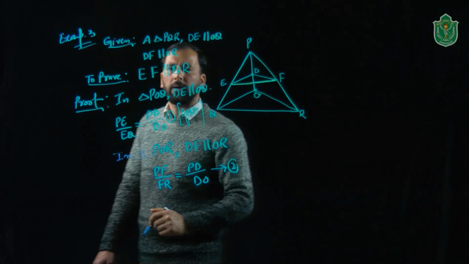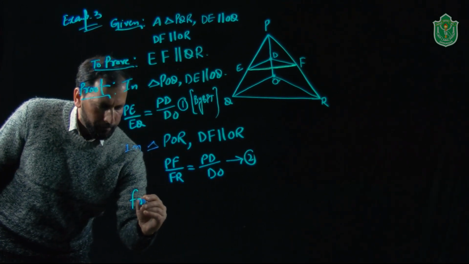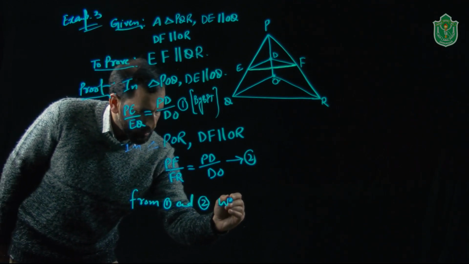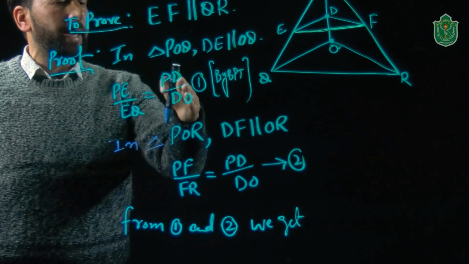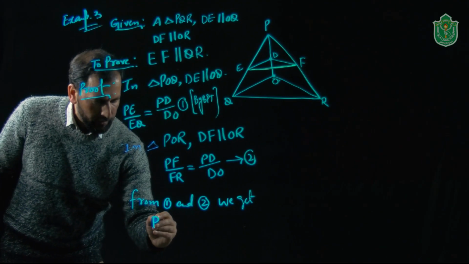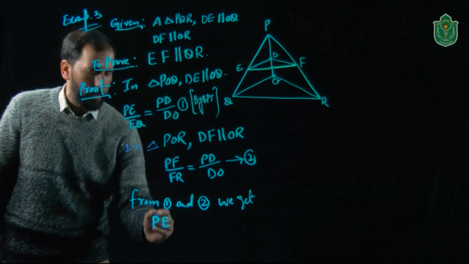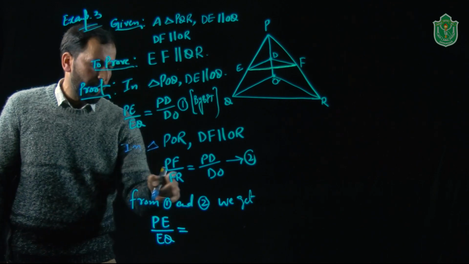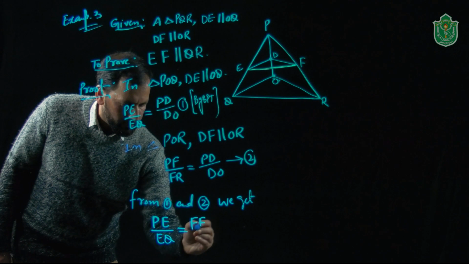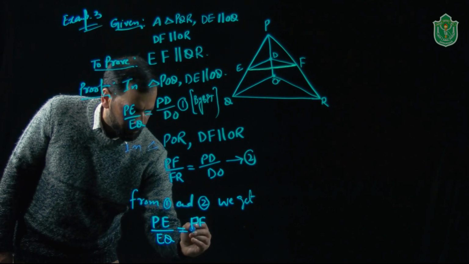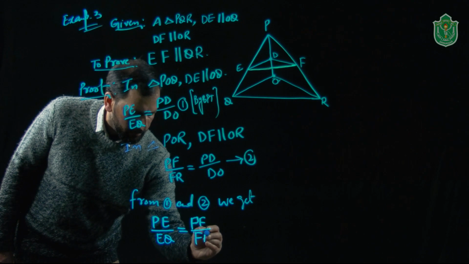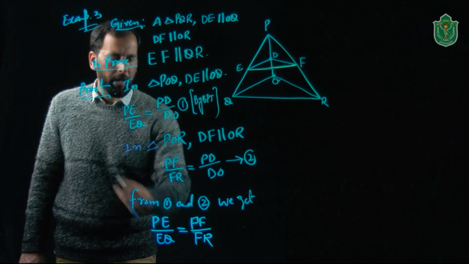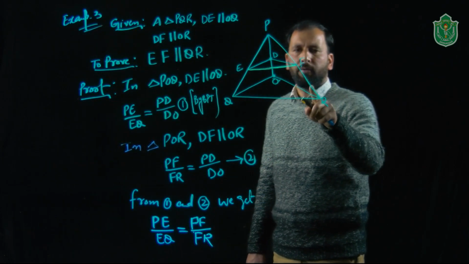On comparing 1 and 2, their right hand sides are equal, so we can write their left hand sides: PE by EQ is equal to PF by FR.